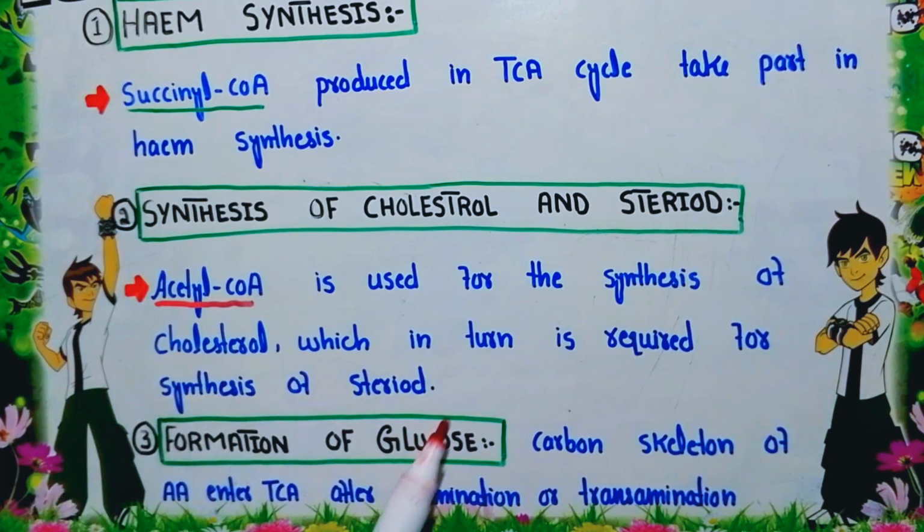The carbon skeleton of certain amino acids can enter the TCA cycle after deamination or transamination, and will help in the formation of glucose. Such glucose synthesis from amino acids is called gluconeogenesis.